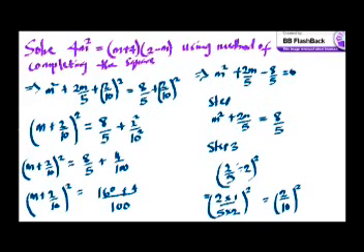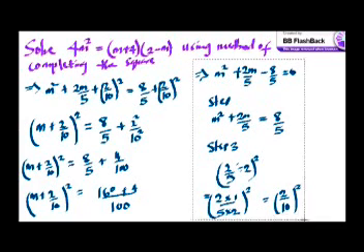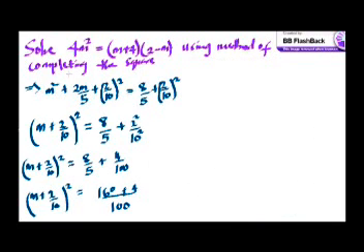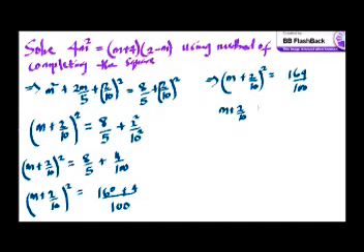So if I want to solve further and decide to remove this other portion, please always write as fast as you can. And now I'm going to have m plus 2 over 10 all square is equal to 164 over 100.